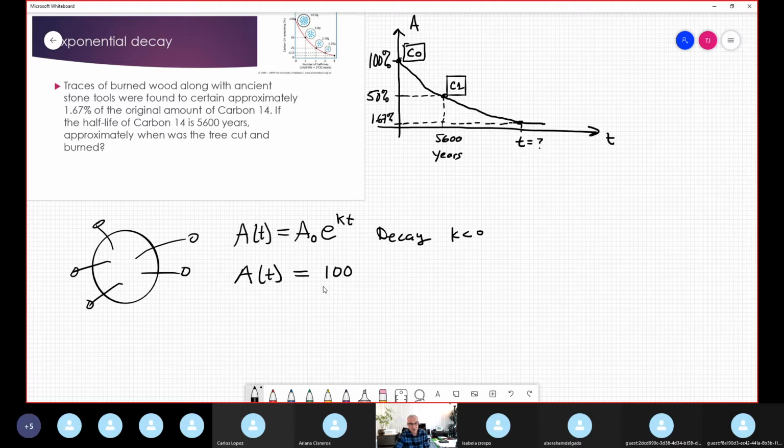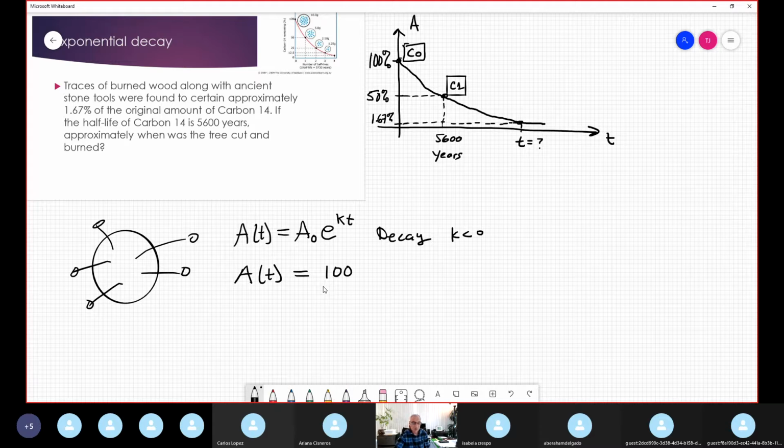It's the same, that doesn't change the problem. Remember, condition 1 is always used to find k. The k is the rate of change of the exponential.